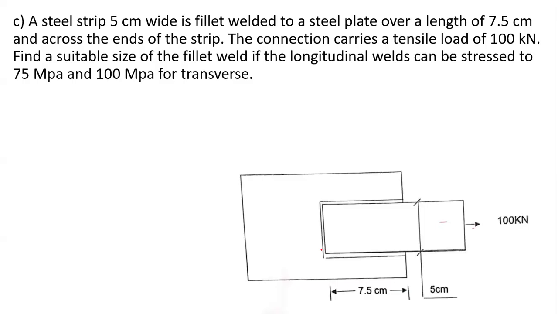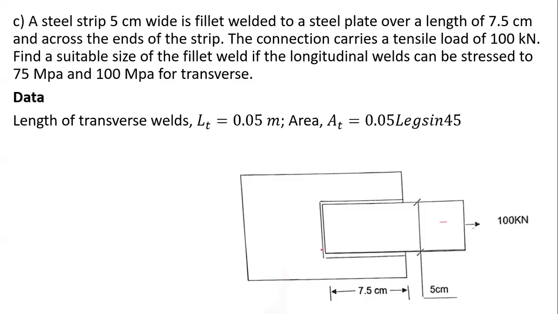Then the other one, the transverse one, is 100. Let's start by looking at the length of the transverse weld. What we are calling a transverse weld is this one here.